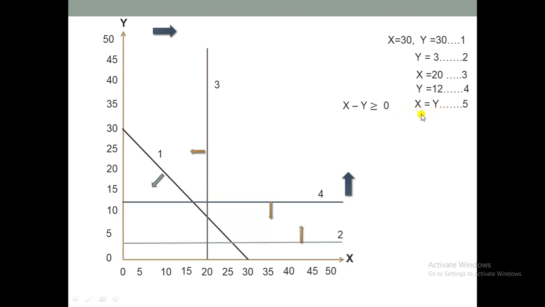So x0 y0, x1 y1, x2 y2, x3 y3. So it is going to be a straight line passing through the origin. It will be a straight line, so it is going to be the fifth. Okay, now here comes why I have taken this particular inequality constraint, x minus y greater than or equal to 0.